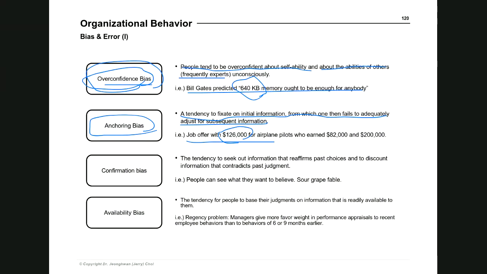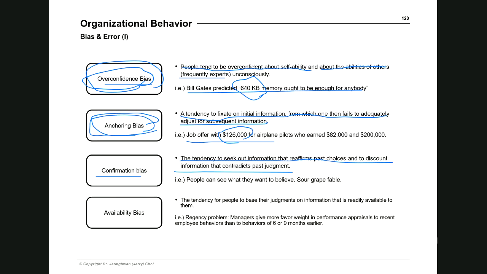And the third one is confirmation bias. That's getting more weird. Confirmation bias is the tendency to seek out information that reaffirms past choices and to discount information that contradicts past judgment. Okay?